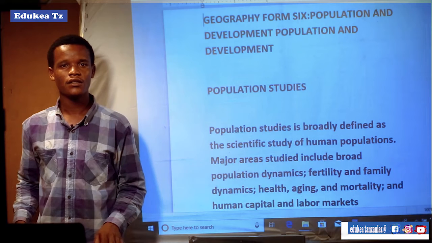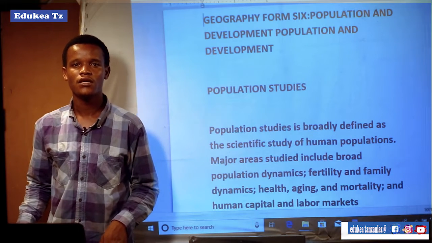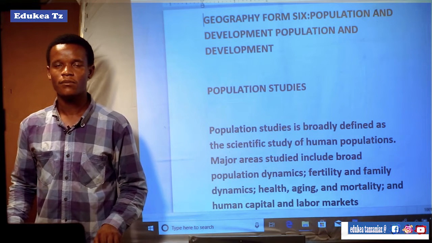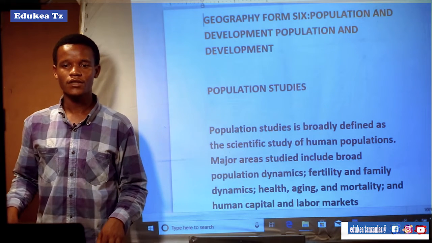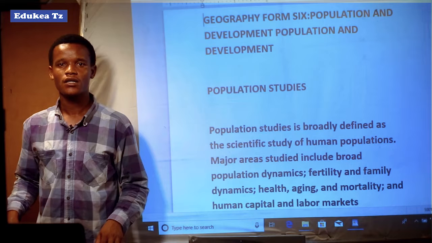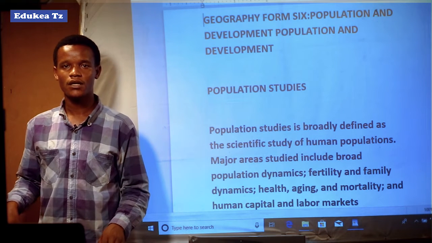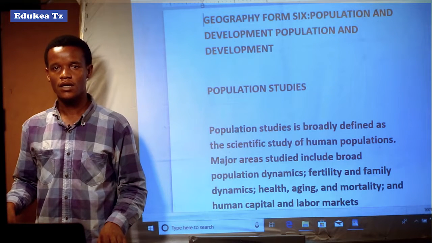Let us begin by seeing the meaning of the word population. Population refers to the total number of species in a specific area.